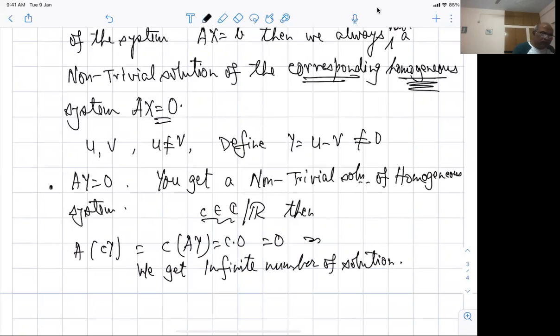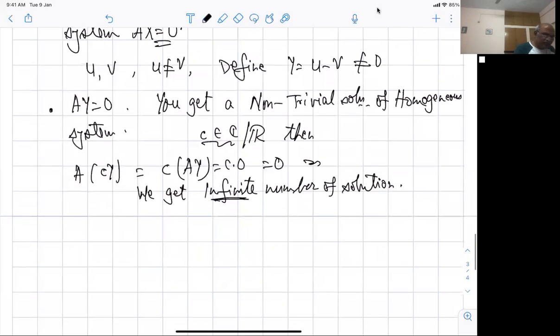It's not only one non-trivial solution. Whenever y is non-zero, then C times y is also non-zero for C not equal to 0, and this is true for any C, so you get an infinite number of solutions. This is very important. Whenever you have two distinct solutions of the system Ax is equal to B, then you have an infinite number of solutions and a non-trivial solution of the corresponding homogeneous system Ax is equal to 0. All right, this is one thing.